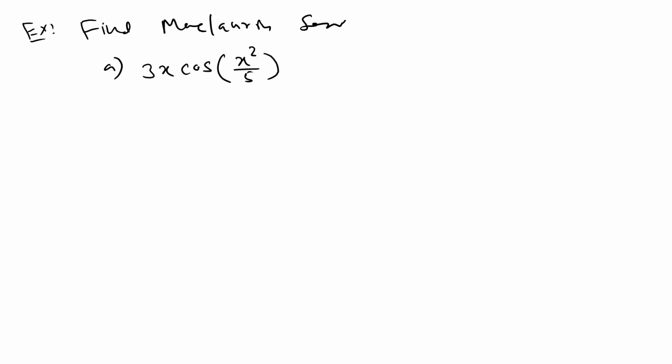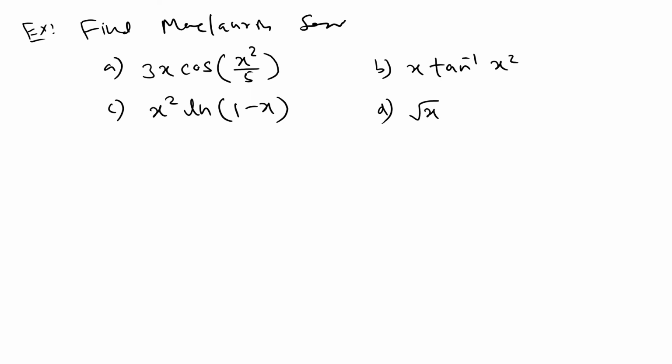Just go to the cosine, plug in that, and then multiply by 3x. And b: x tan inverse of x squared. C: x squared ln of 1 minus x. And d: x times the square root of e to the negative x squared.